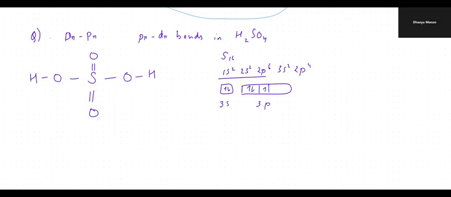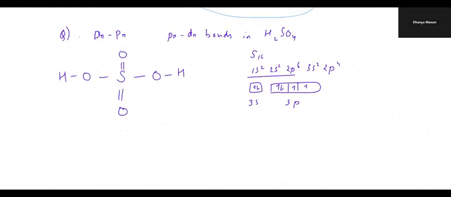Okay. Now here, let's write the bonding. What kind of bond is there? Here there's a double bond. So one is a sigma bond, one is a pi bond. Here also double bond, sigma bond and pi bond. Here single bond, so sigma. Here also sigma. Now if you see, sulfur is forming how many bonds? 1, 2, 3, 4, 5, 6 bonds. So it needs 6 unpaired electrons. But here you can see only 2 unpaired electrons are there.